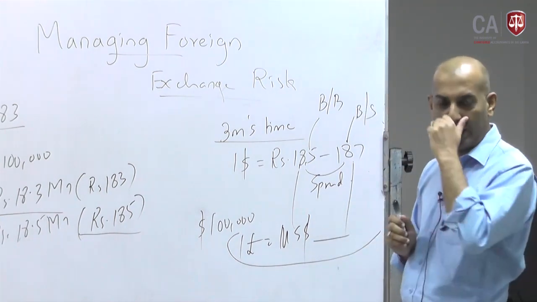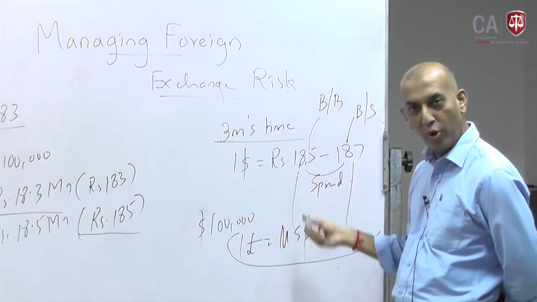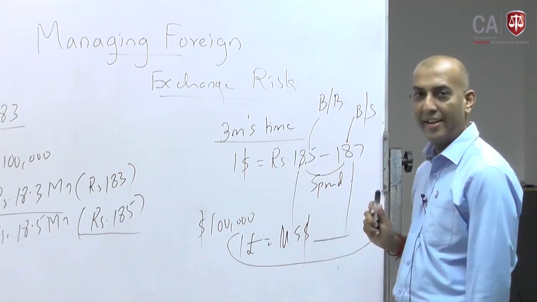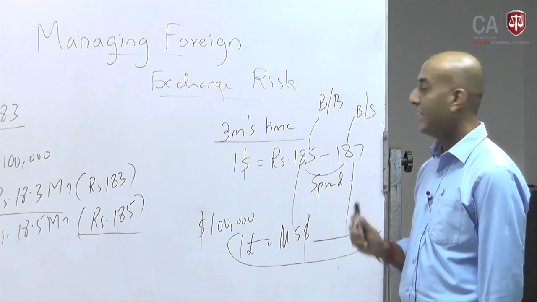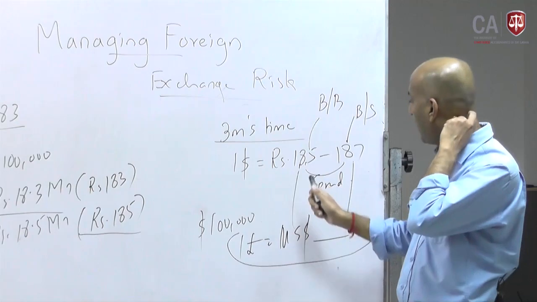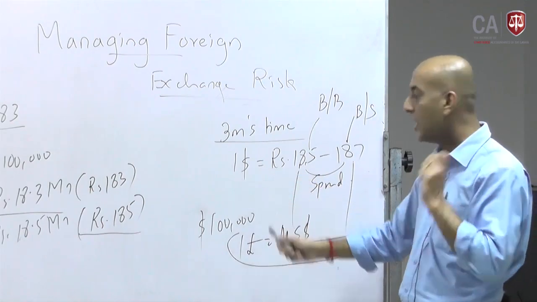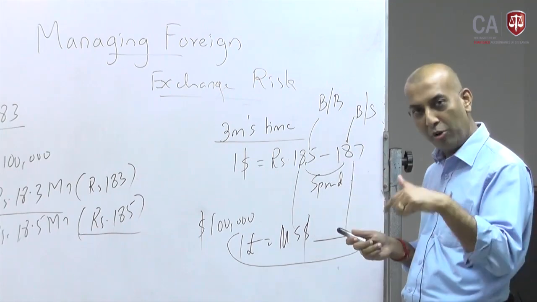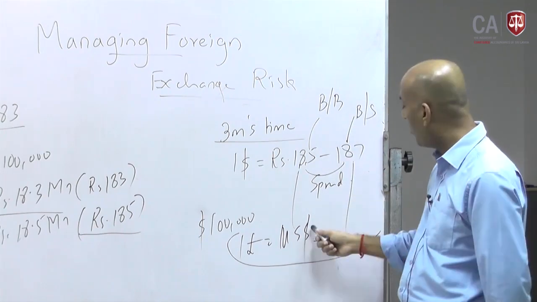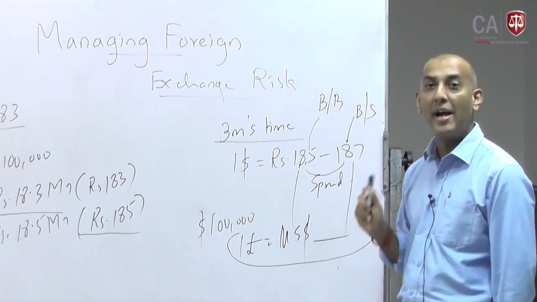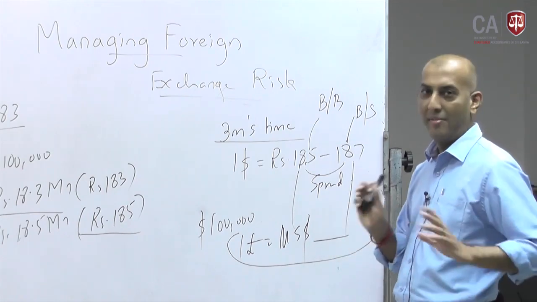If it is an indirect quote system, the lower rate you get is the selling rate and the higher rate is the buying rate. In Sri Lanka we follow the direct quote system, where the lower rate is the buying rate, the higher rate is the selling rate. Indirect quote system, it's the opposite: the lower rate is the bank's selling rate, the higher rate is the bank's buying rate. So, you can memorize these two.